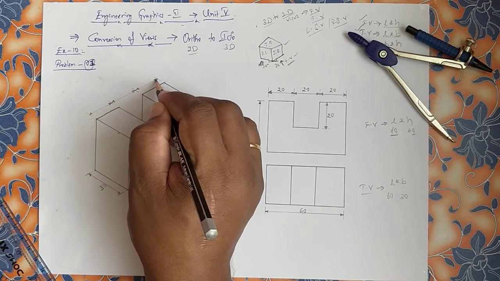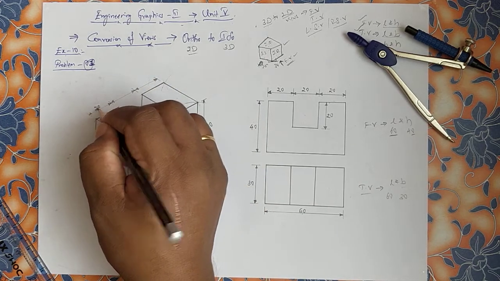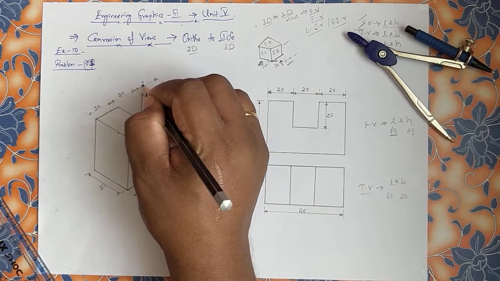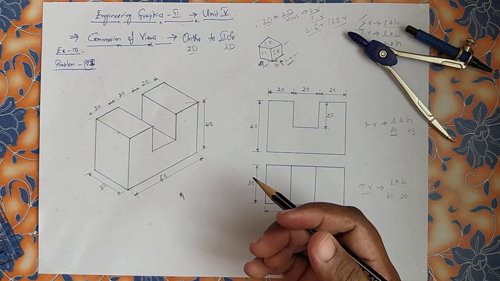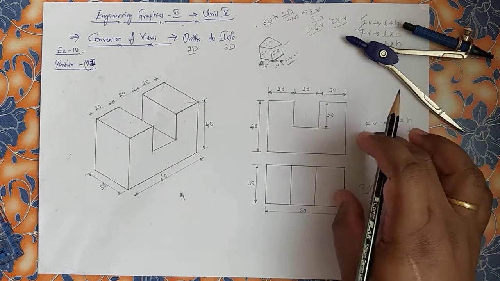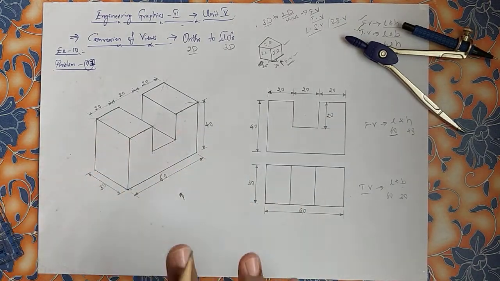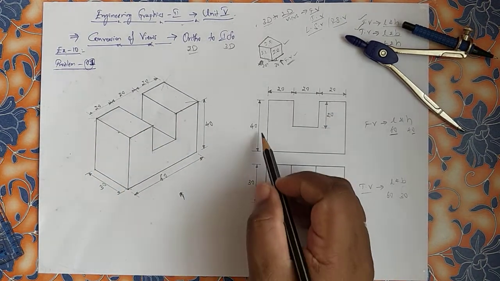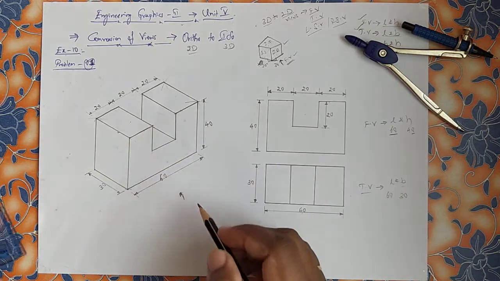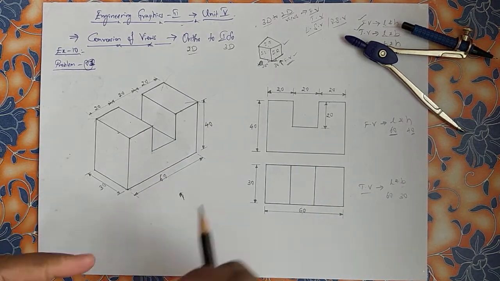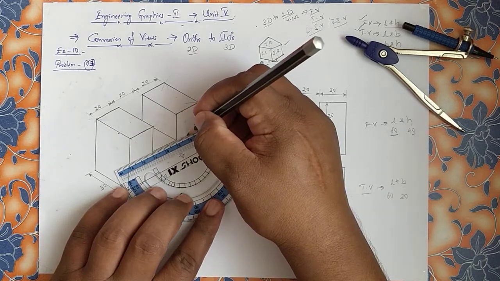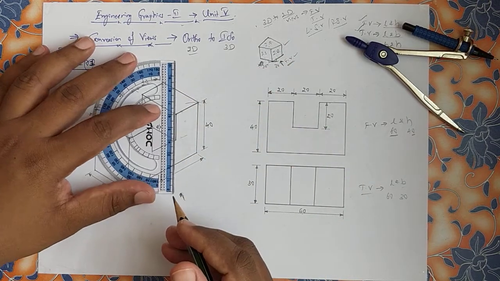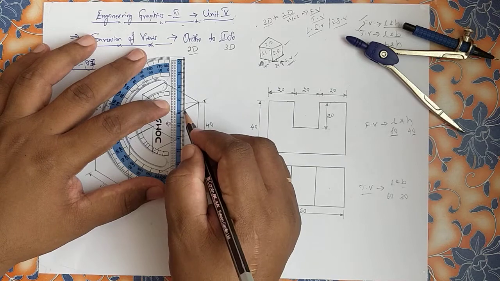See how the dimension is: 20, 20, 20. This is complete about your first figure of converting 2D to 3D. This look should be three-dimensional. See 40, 30 height. If you want to show the depth here, you can also show the depth, no problem, by aligning this and drawing a line inside the figure.